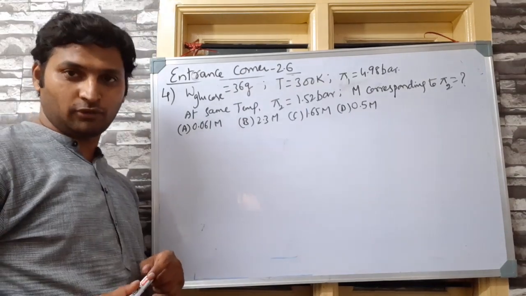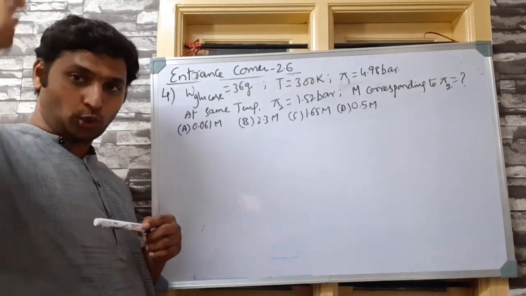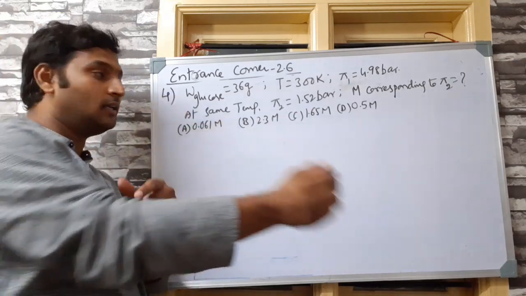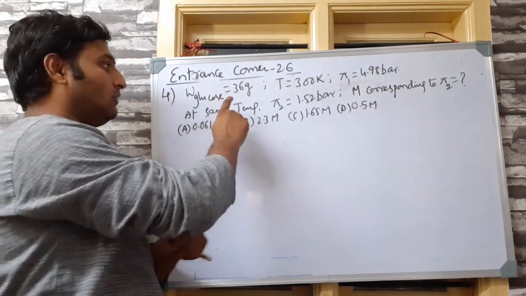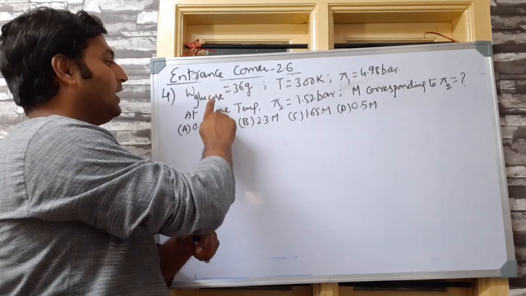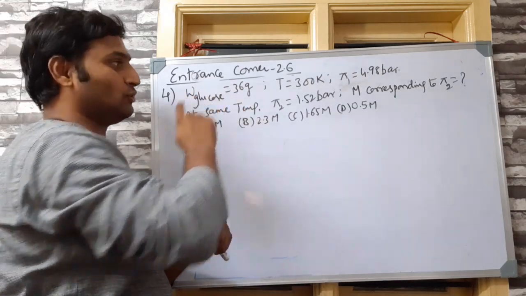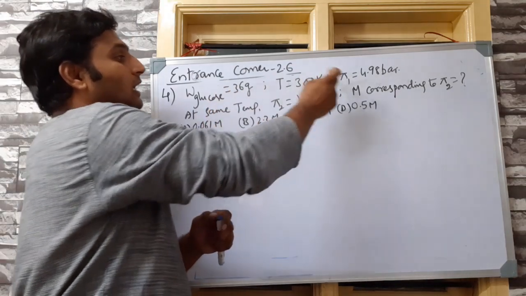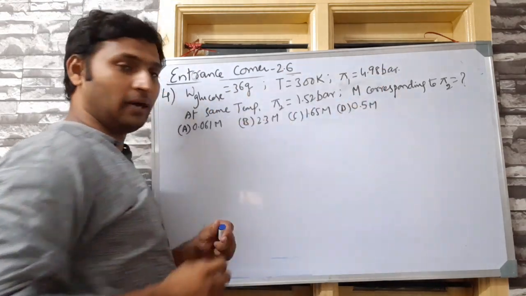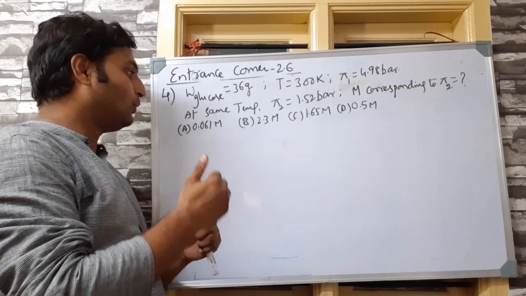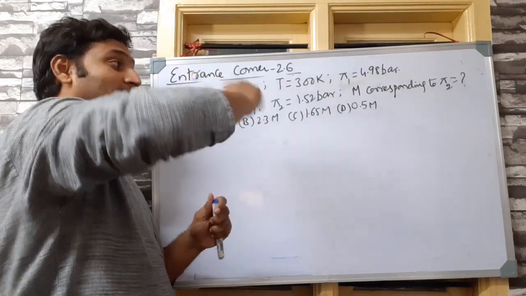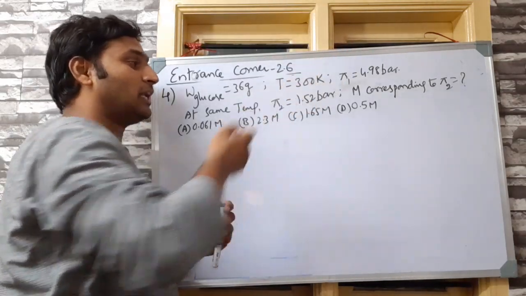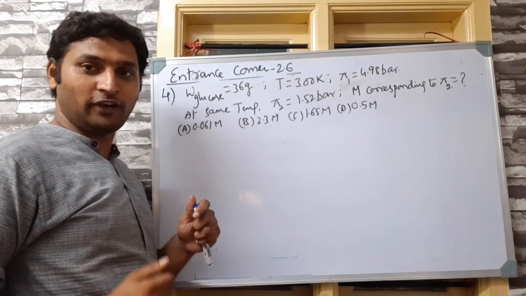If you check question number 4, he has given you two conditions, meaning at one concentration, which was done using 36 grams of glucose in a given solution, the osmotic pressure was 4.98 bar. Now at the same temperature, at some other concentration, the osmotic pressure was observed to be 1.52 bar.